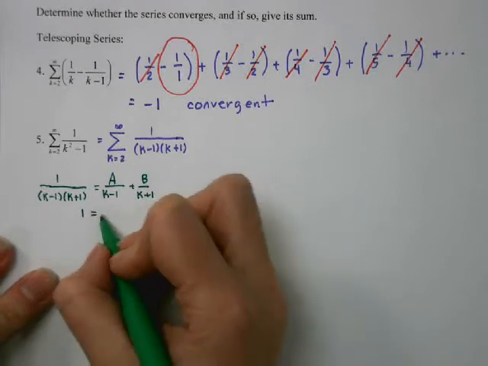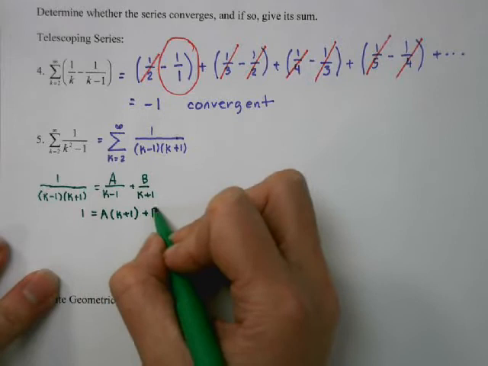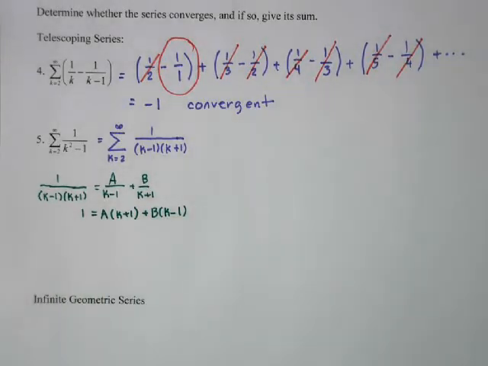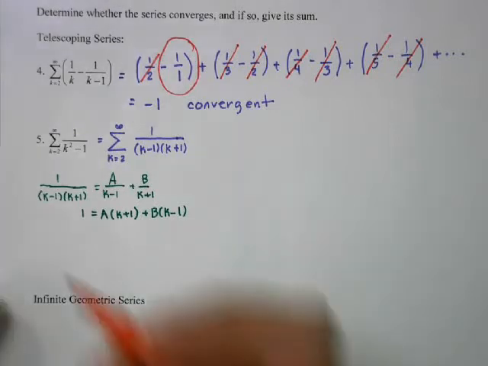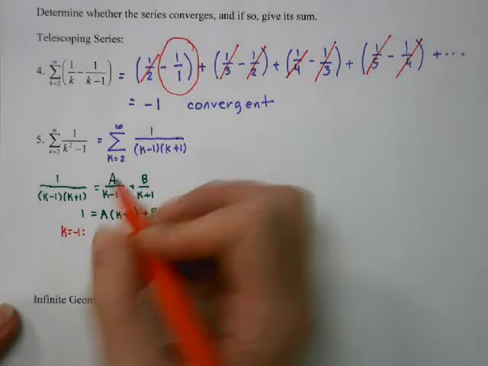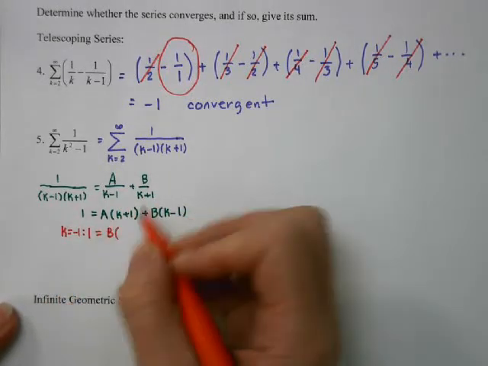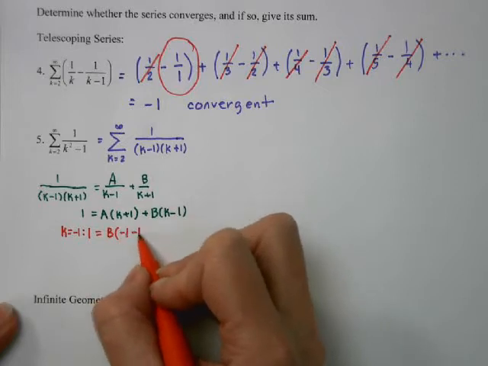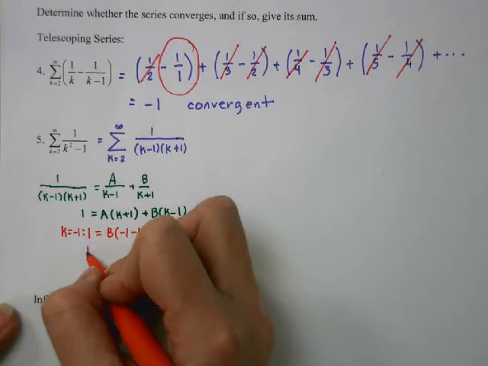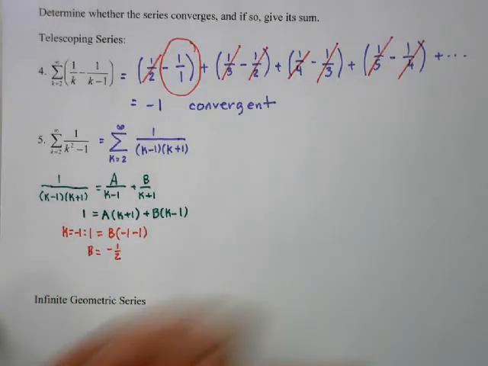So 1 is going to equal a times k plus 1 plus b times k minus 1. So we're going to pick convenient values of k, starting with -1. So that'll make that go away. So we're going to have b times -1 minus 1 is going to be -2. So my b is going to be a -1/2.